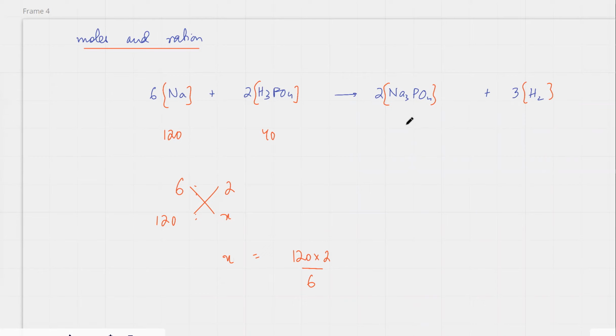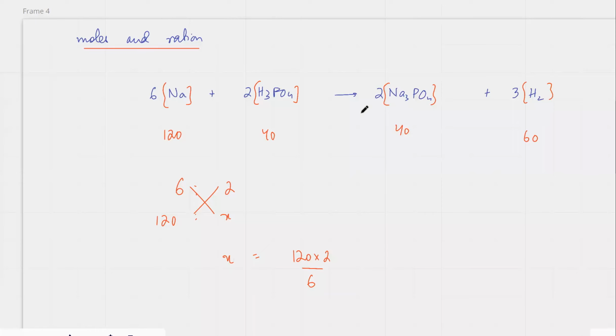Okay, this one would be 40. I mean, it's 2:2, that means it's the same ratio. How much H2 would be produced if you're using 120 Na? 60. Okay, that's going to be 60.